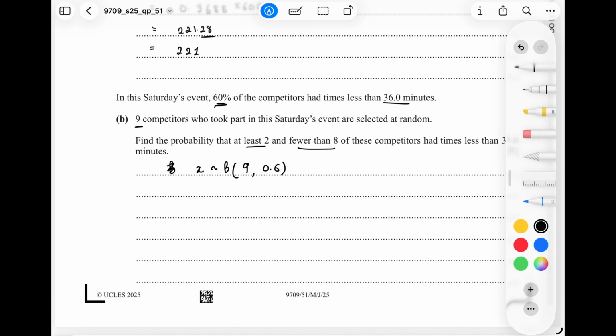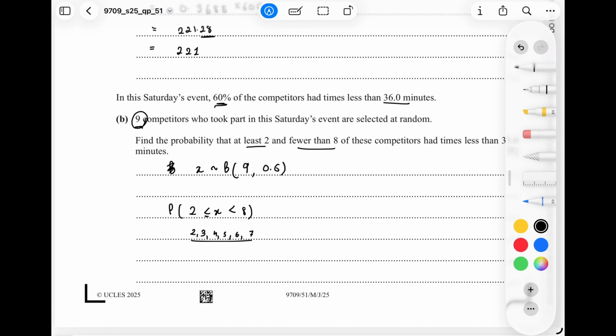So we're trying to find P of X is greater than or equal to 2 and fewer than 8. So which numbers do we have? It has to be 2, 3, 4, 5, 6, 7, because 8 is not part of it.